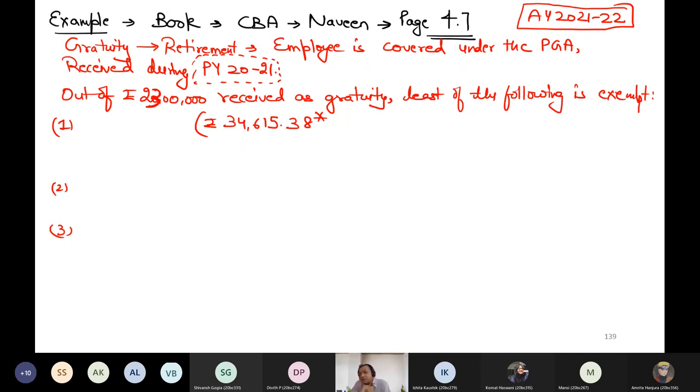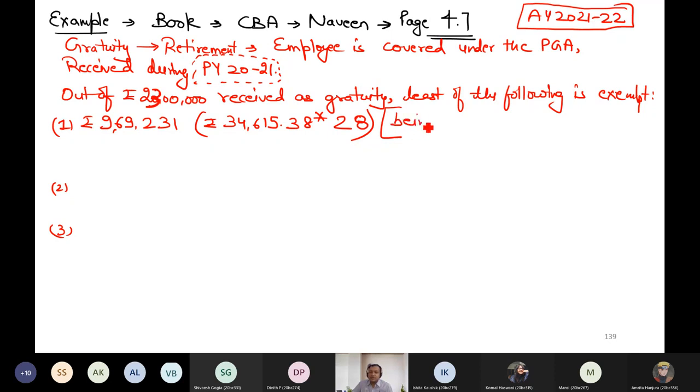I will not ignore 11 months, because since this last period exceeds 6 months, I will count it as a complete year. So I will multiply it by 28. This is my first point. So this figure will be 969,231.